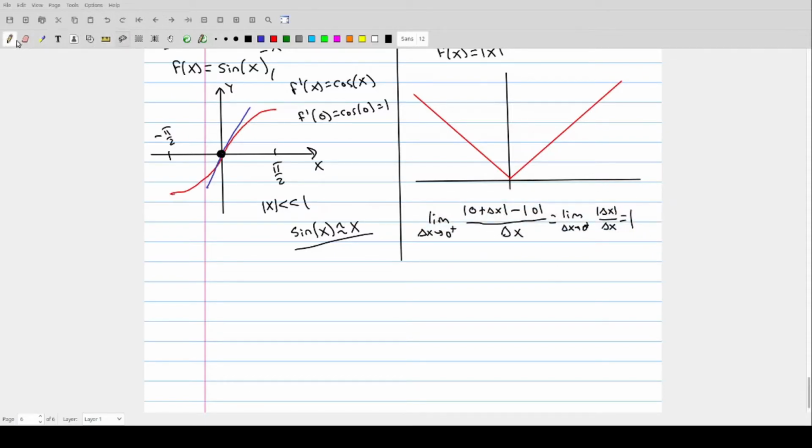So this is saying that the derivative of this function on the right side of the point x naught equals 0 is 1.